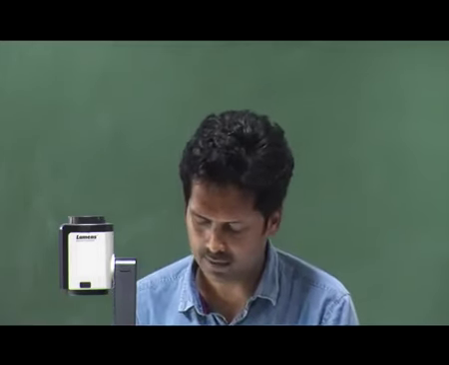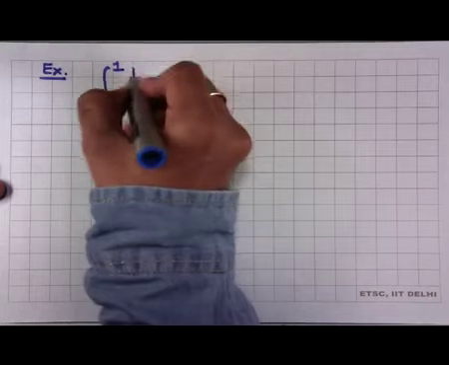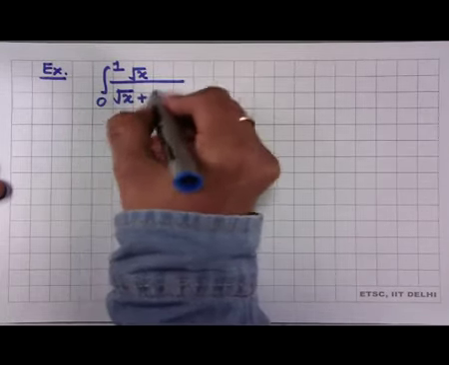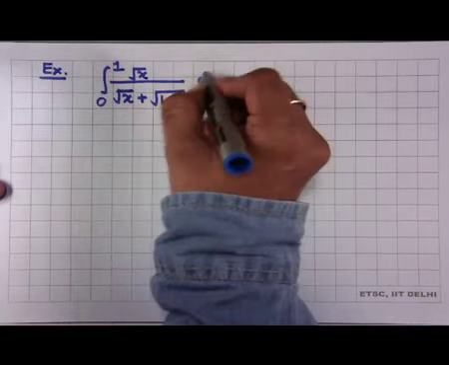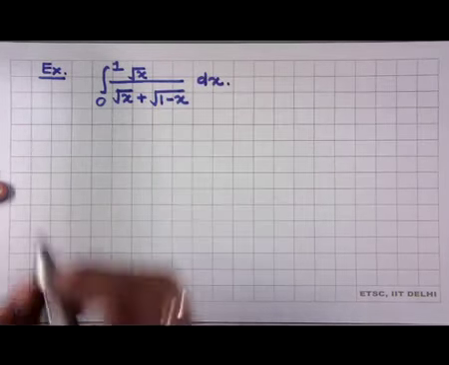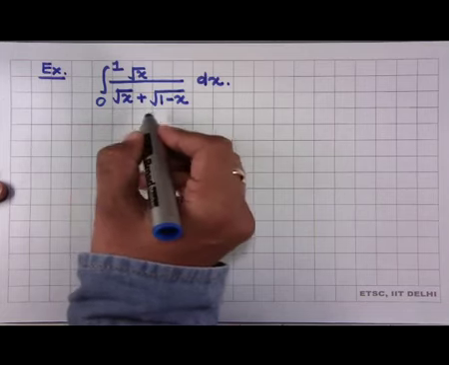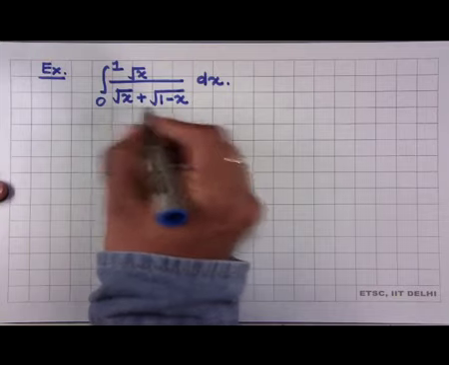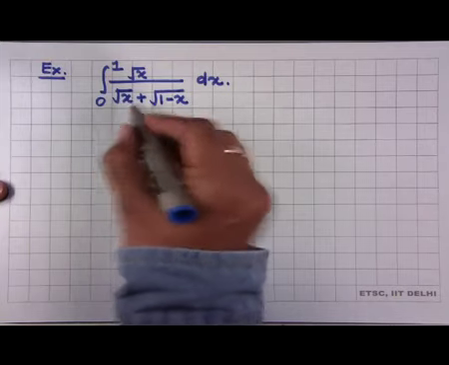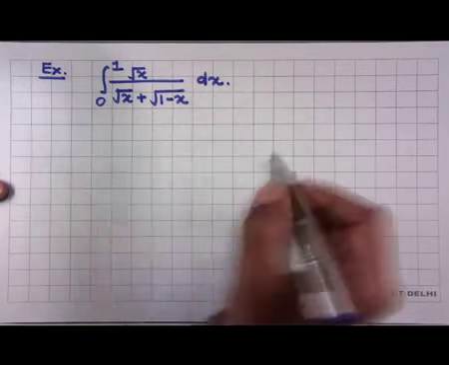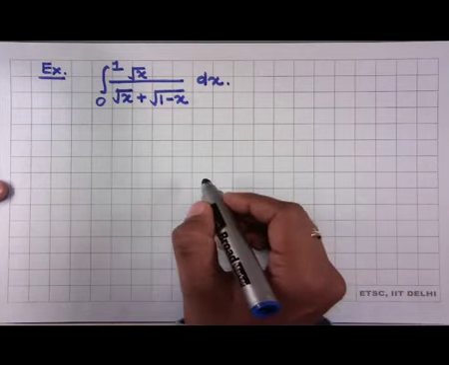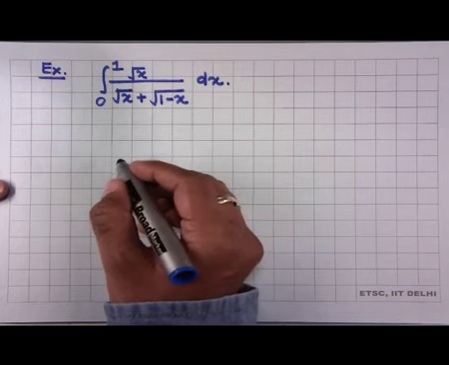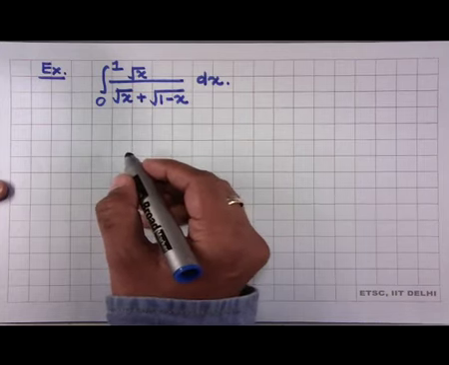Let us take another example. One approach to solve this problem is you can try to rationalize it by multiplying the corresponding conjugate, say root x minus under root 1 minus x, and then try to solve it. But I will not be using that approach. I will try to see whether we can use properties of definite integrals.